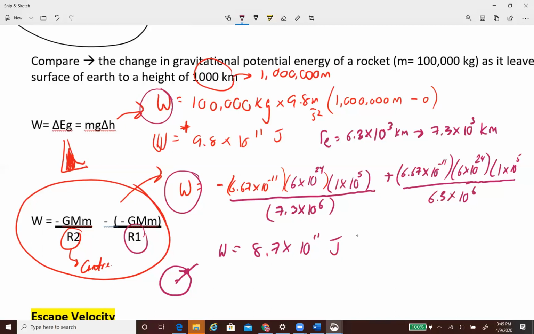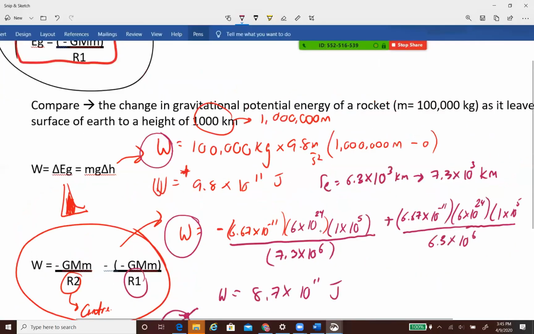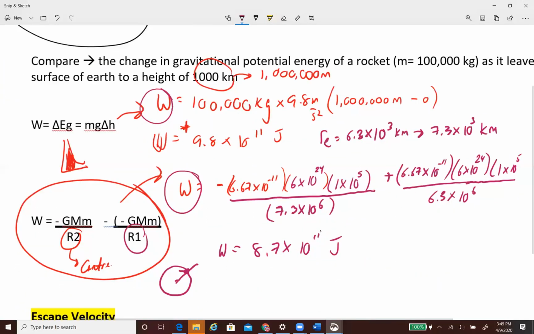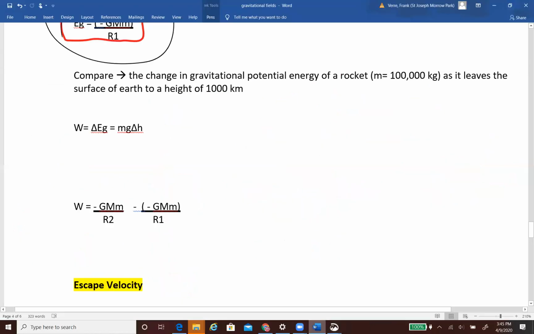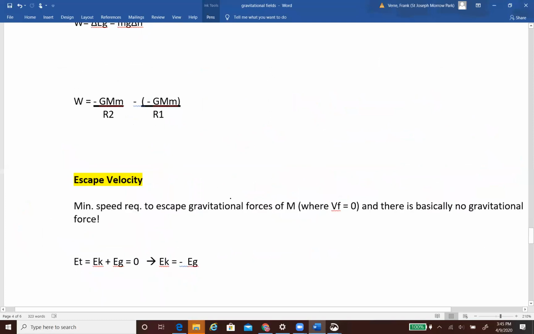Now, what's really cool is that because we define the energy as the antiderivative of the universal law of gravitation, we can use that to figure out the change in energy, which is what we did right here. We can do something really, really cool now. We can answer two really cool questions.